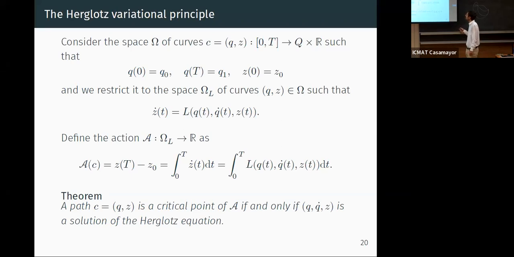Okay, we consider the space of curves which go onto the configuration space and a real number, which will be the action, and we will put boundary conditions on the part of the configuration manifold and just an initial condition for the action. We will restrict this space of curves to the ones where the time derivative of the action is the Lagrangian, as it should be, and then we can define an action just like this, as the variation of the value of the action, final minus initial.